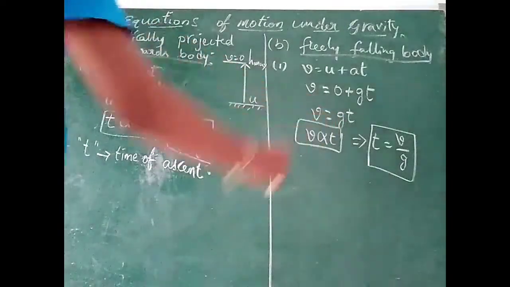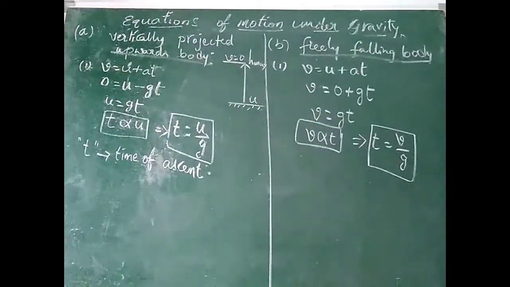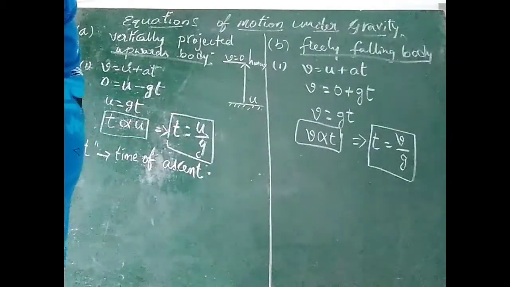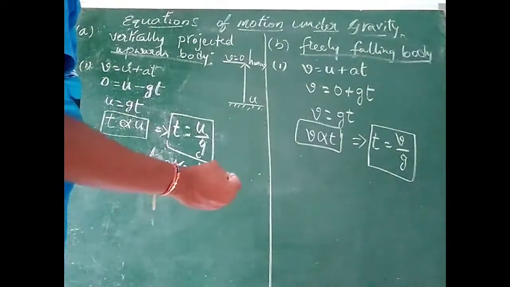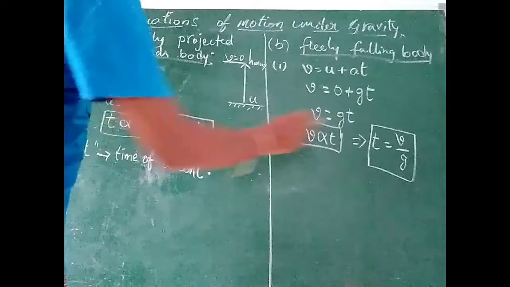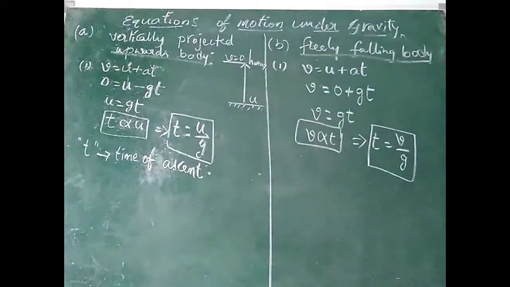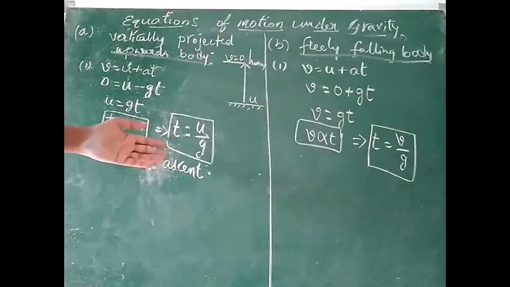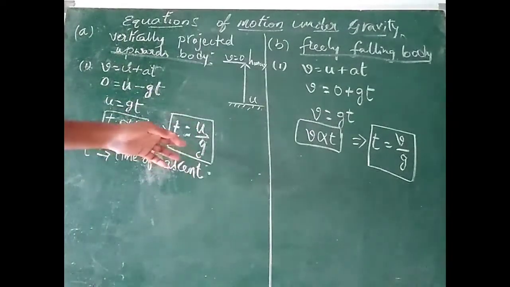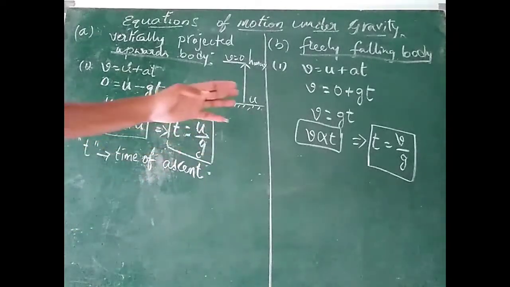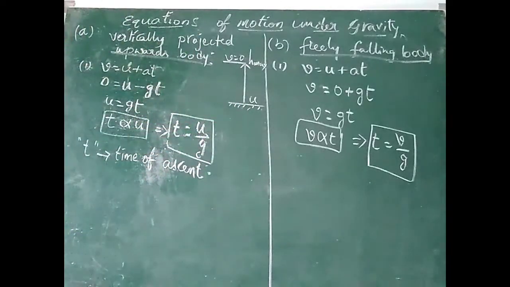Here t is nothing but time of descent. So if you compare both cases, u and v are initial and final velocities respectively, but whether it is initial or final velocity does not matter, time is equal to velocity by gravity.